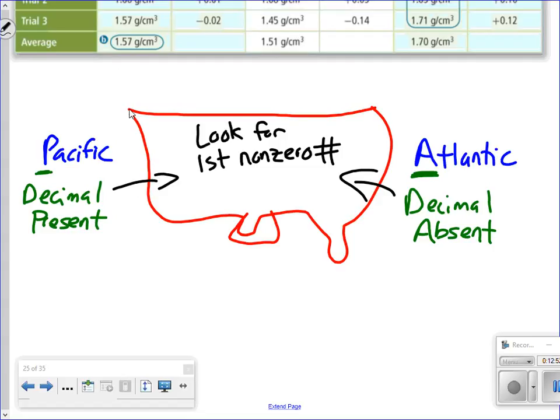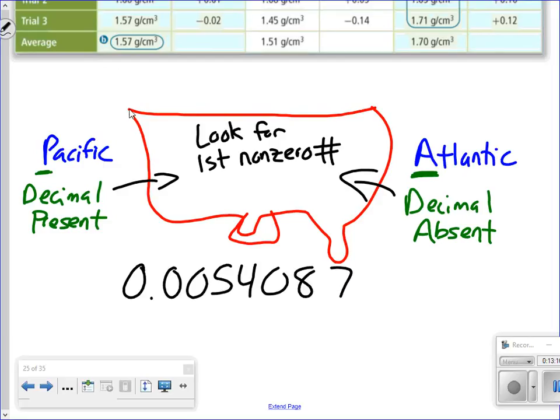Okay? So that means if you're starting on the Atlantic coast and you're moving inland, you're looking at the numbers that are preceding that first number. Okay? So I'll give you an example. All right, I got 0.0054087. Do I have a decimal absent or present?